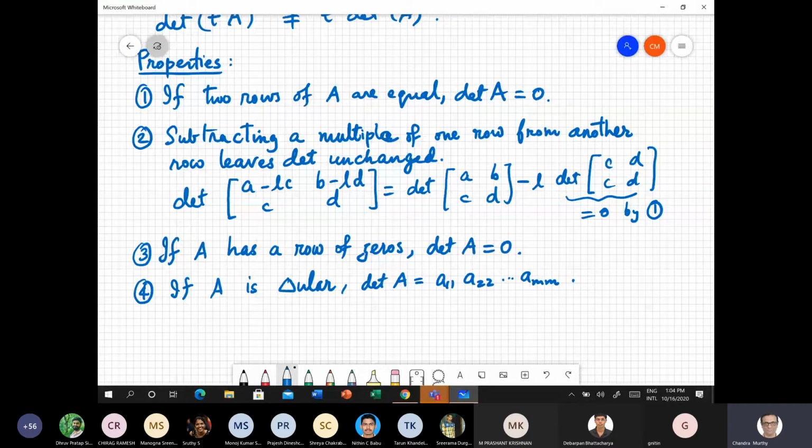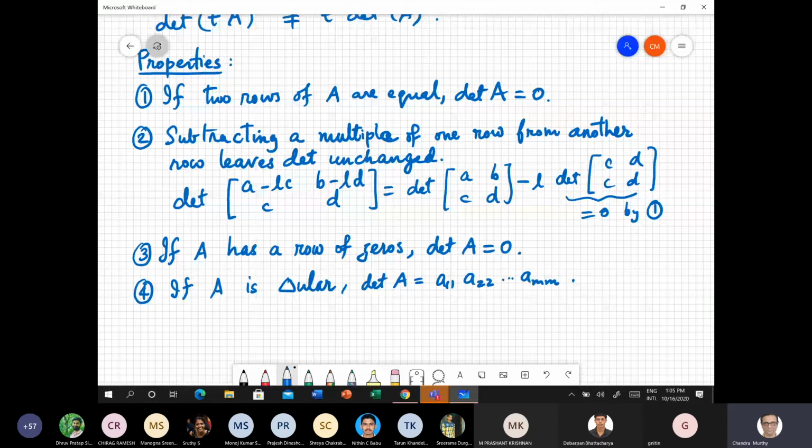So in particular, remember that you get the row reduced echelon form by doing elementary row operations. And these elementary row operations involve either subtracting a multiple of a given row from another row or exchanging rows. So if you exchange rows, the sign of the determinant will change. If you subtract a multiple of a row from another row, then the determinant will remain unchanged. And so when you do these elementary row operations, you will get a matrix which is ultimately upper triangular.